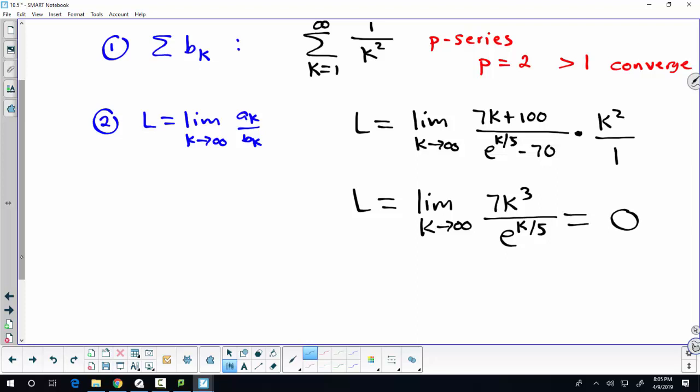So there's an example of when our limit's 0. When it's 0, the given series has to converge to tell us anything. So the limit is 0, and b sub k converges. That means a sub k converges.